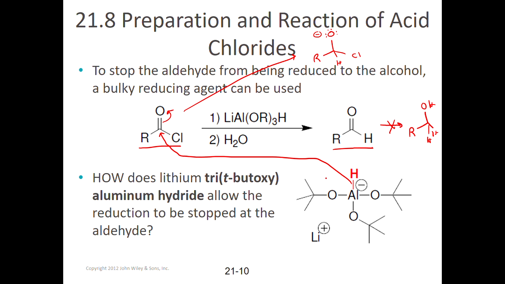But the difference is these tert-butoxy groups are on the aluminum instead of hydrogens. And we know tert-butyl groups are some of the most sterically hindered groups.